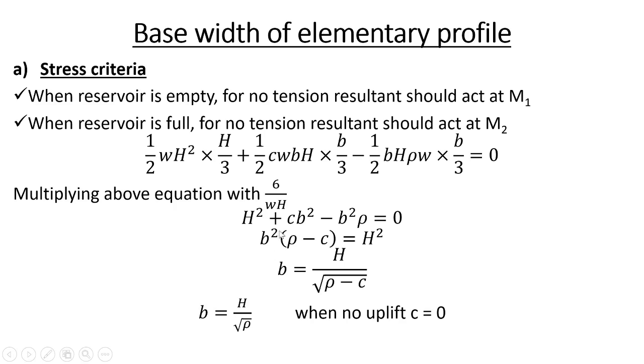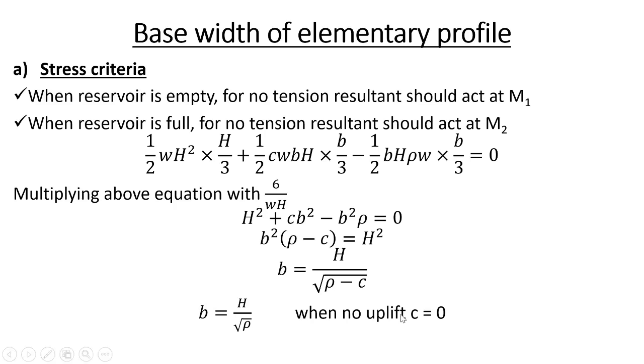By adjusting this equation, we get B square into (rho minus c) equal to h square. We are going to calculate the base width of the elementary profile. So from this equation, base width equals h divided by root of (rho minus c).